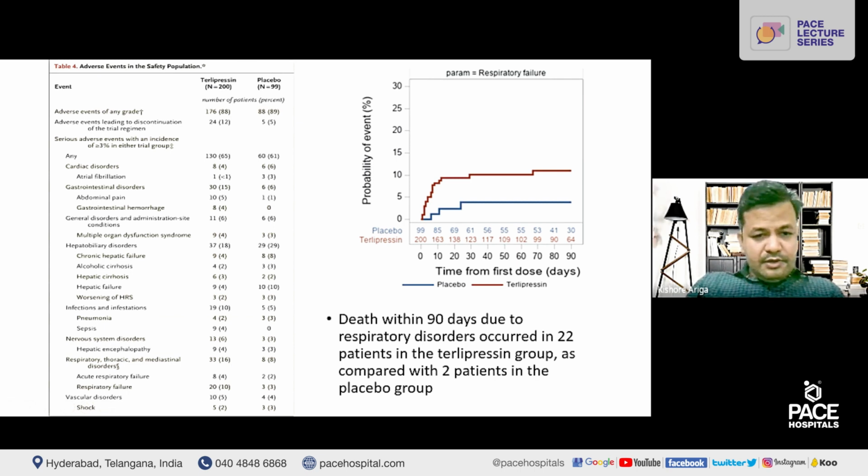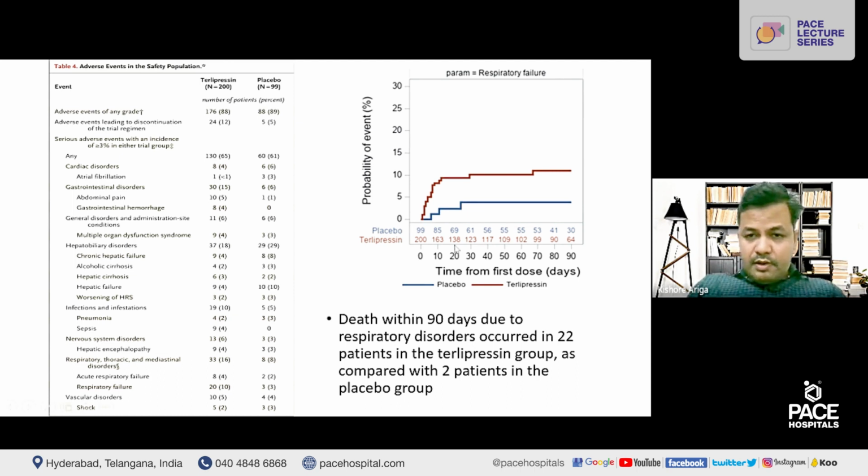And respiratory failure was seen here. This image shows the deaths related to respiratory failure in terlipressin patients compared to placebo. Here we can see within 90 days, 22 patients in the terlipressin group died due to respiratory failure, whereas in placebo only 2 patients expired.